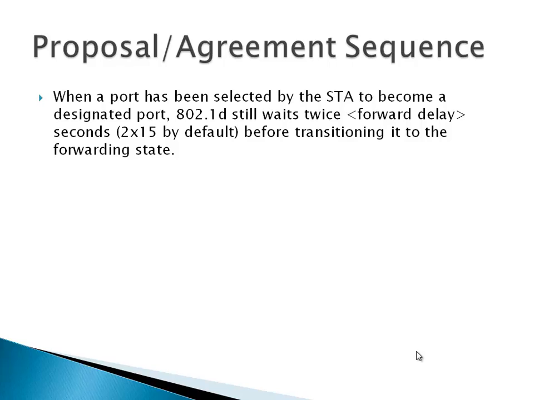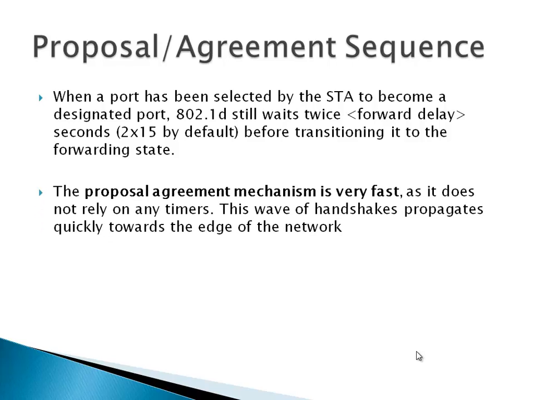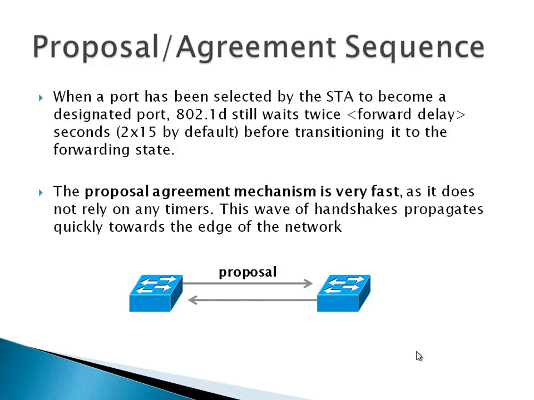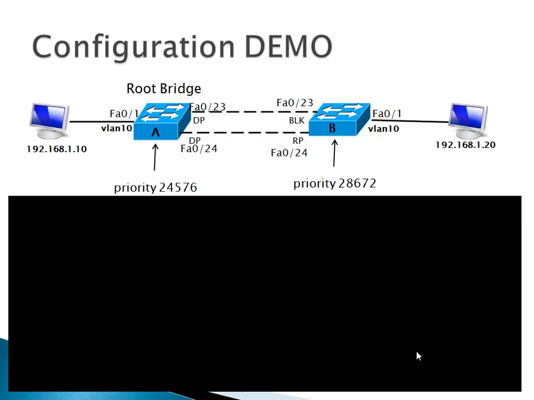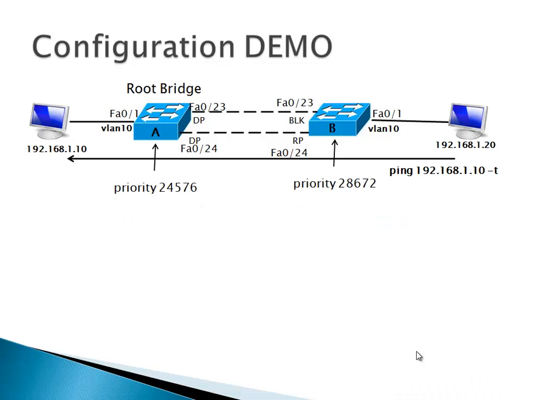The proposal agreement mechanism is very fast as it does not rely on any timers. This wave of handshakes propagates quickly towards the edge of the network. So with two switches, one has a proposal, and the other switch gives an agreement on who will be the root bridge. Okay, we will do a configuration demo.